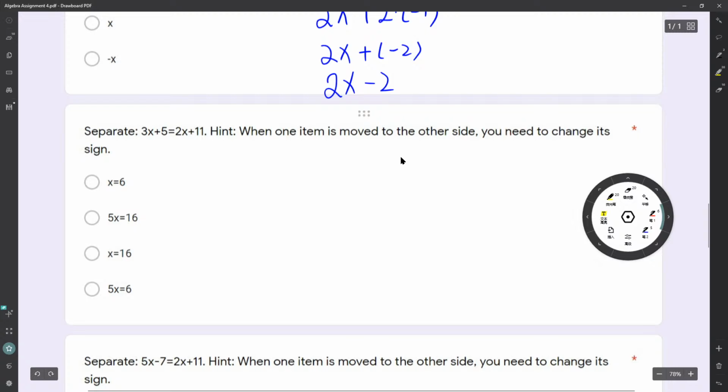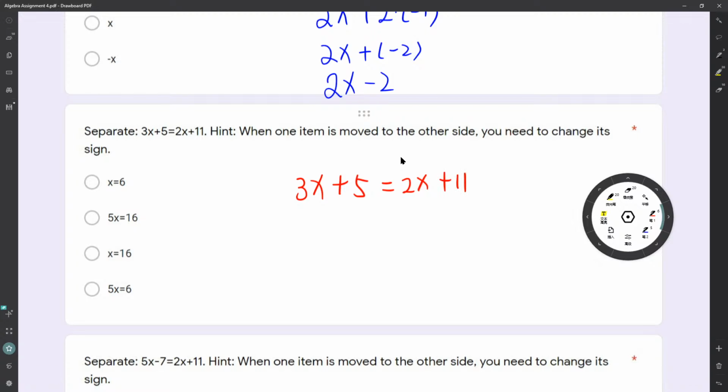We will do the second step, separate. By separate we mean we want all the x on one side and all the numbers on the other side. So we will move the numbers to the right side and move the x to the left side. Let's do it. Let's first deal with this 5, positive 5.